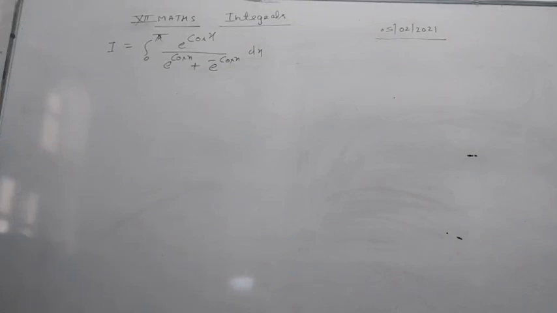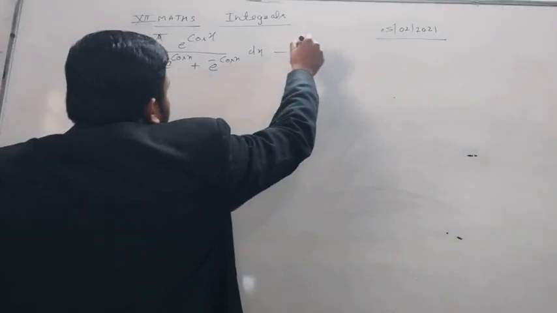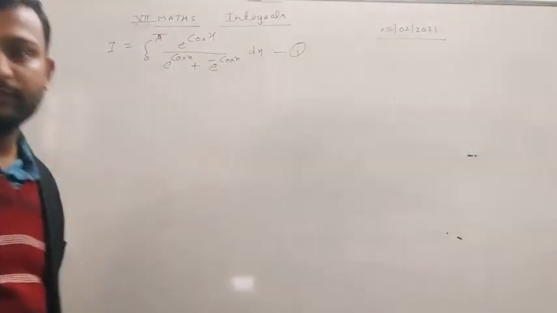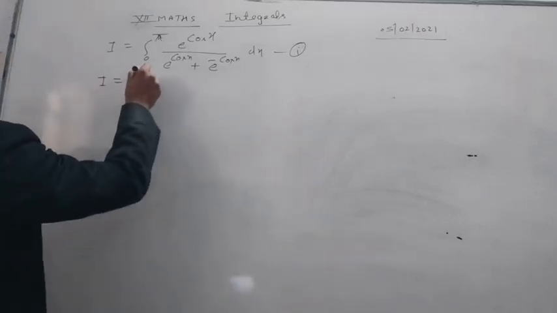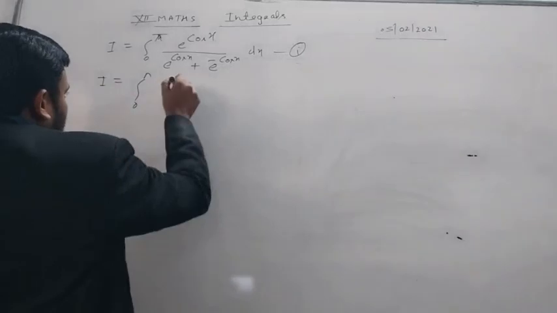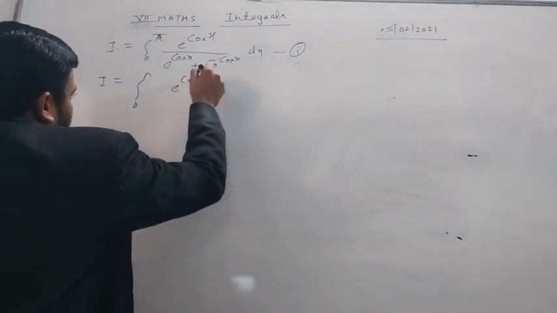Okay friends, so this is our next question students. First of all, we suppose this is equation number first, and we have to integrate this. So we apply the property: the integral from 0 to a of f(x) dx equals the integral from 0 to a of f(a minus x) dx.